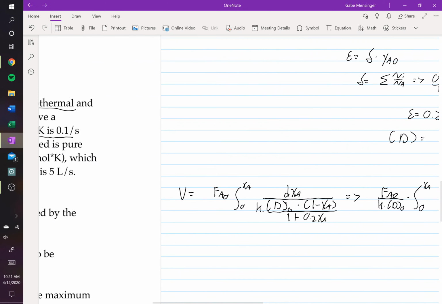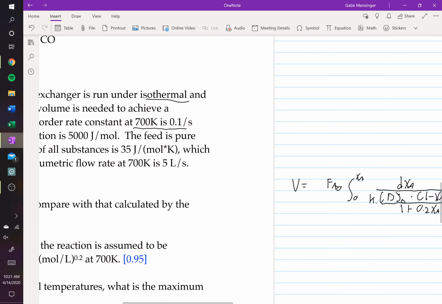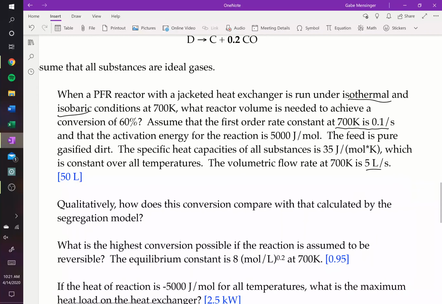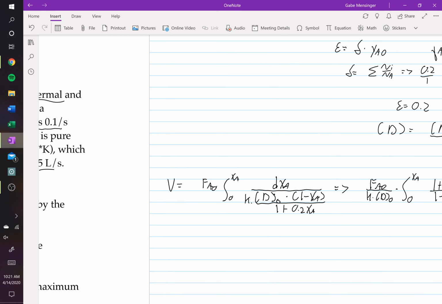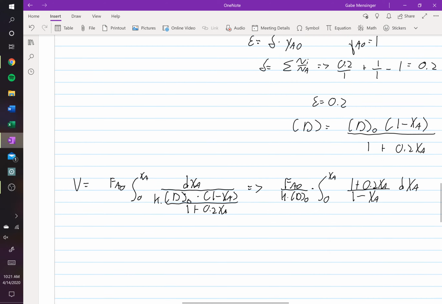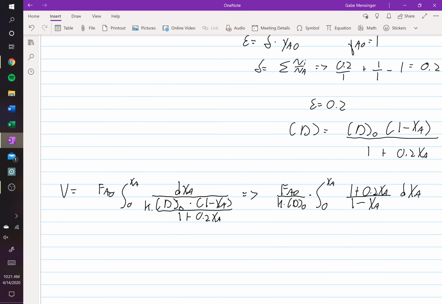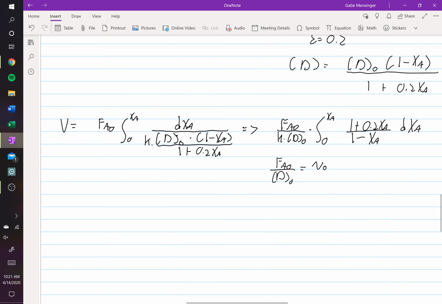But we are given the volumetric flow rate, 5 liters per second. So we can write that F_A0 over D_0, in moles per second, is equal to v_0. So we can once again simplify over k.